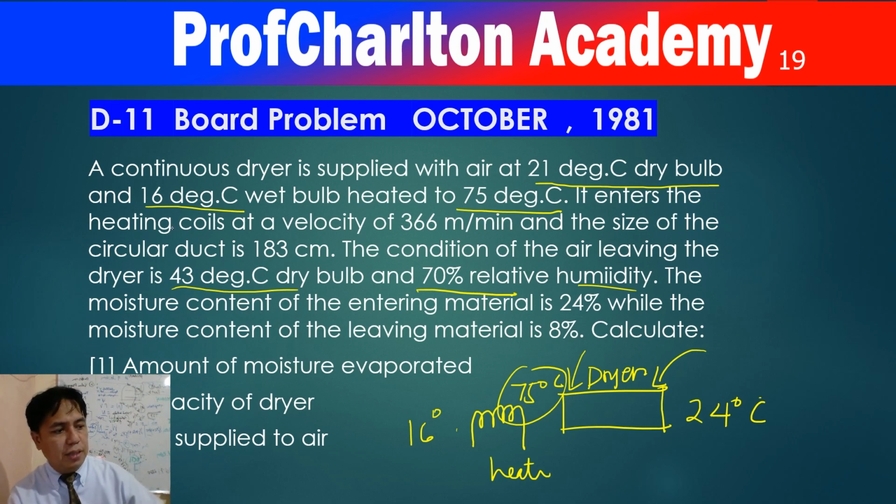How many temperature points are we talking about in this problem? First, from the raw air, 16. Then after the heater, it becomes 75. Then after the material is dried, it becomes 24.